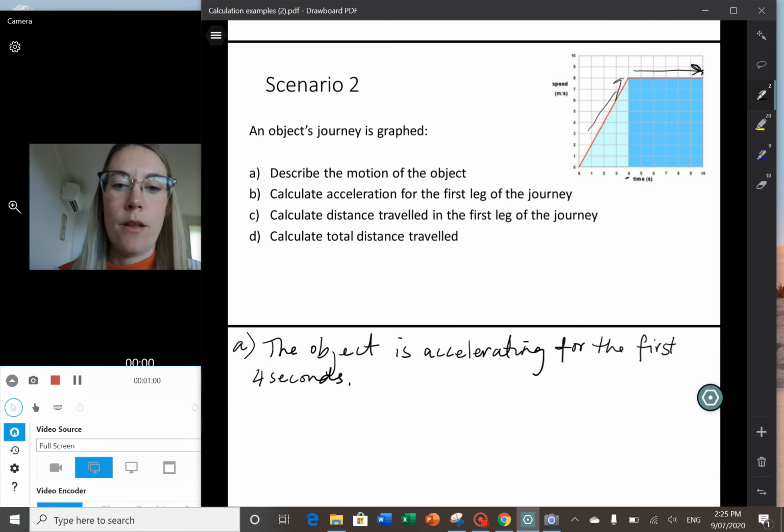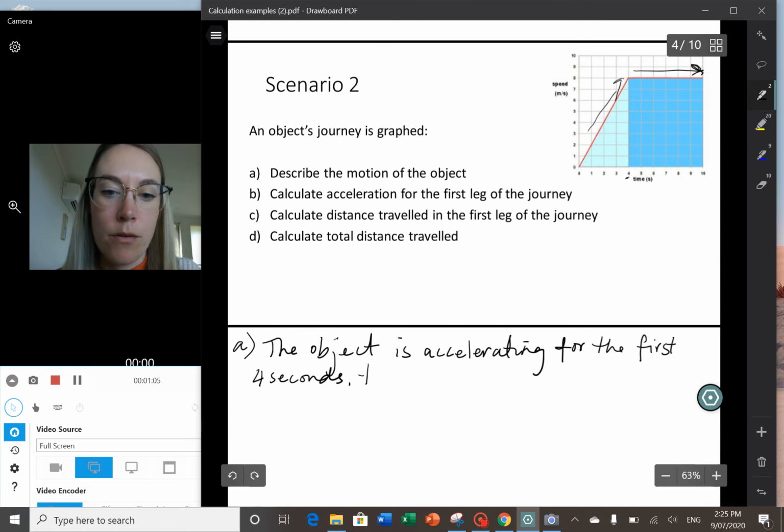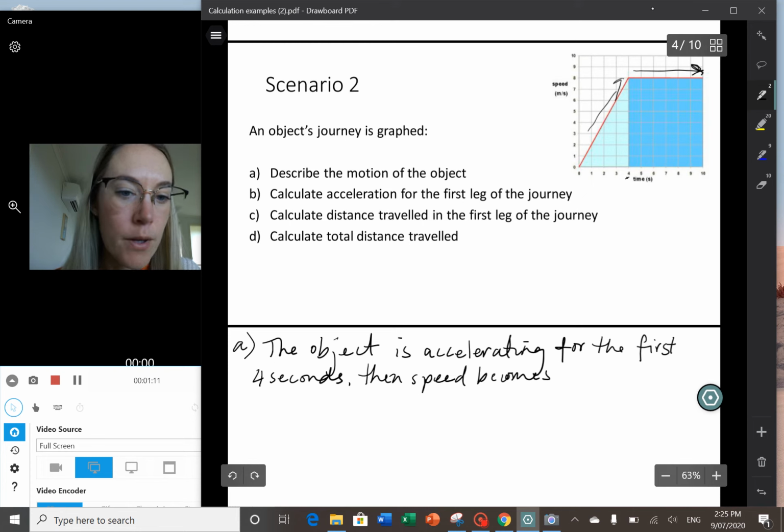And then velocity becomes constant, or speed. Then speed becomes constant.